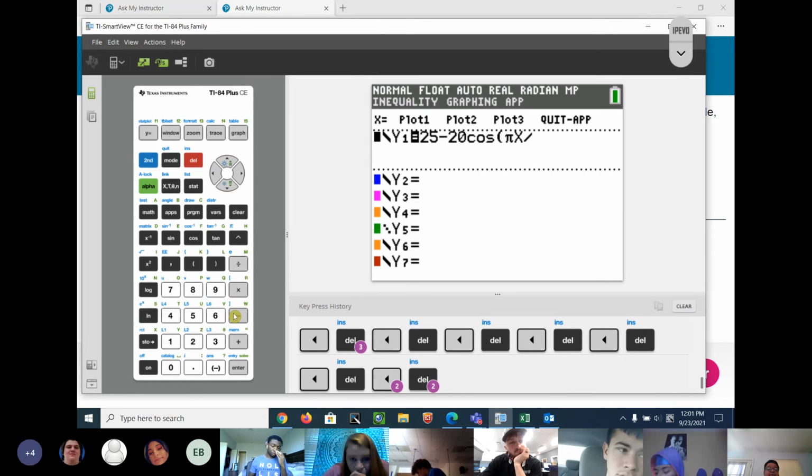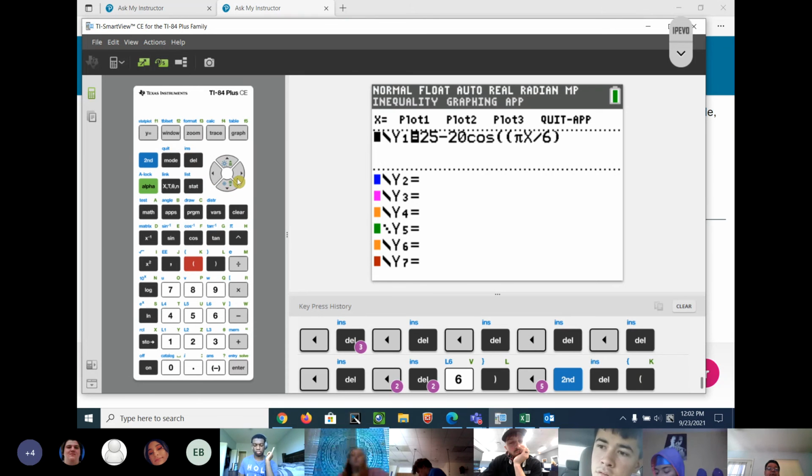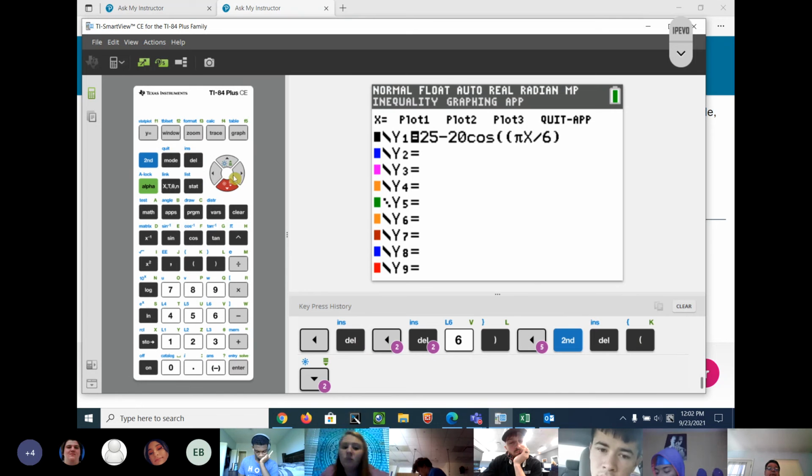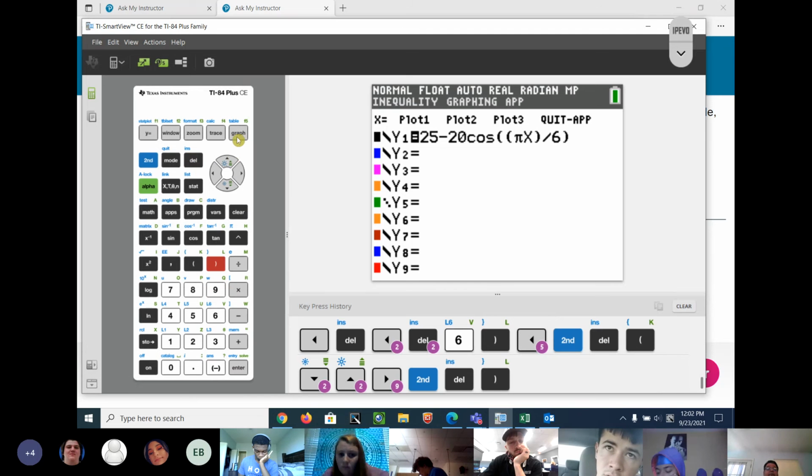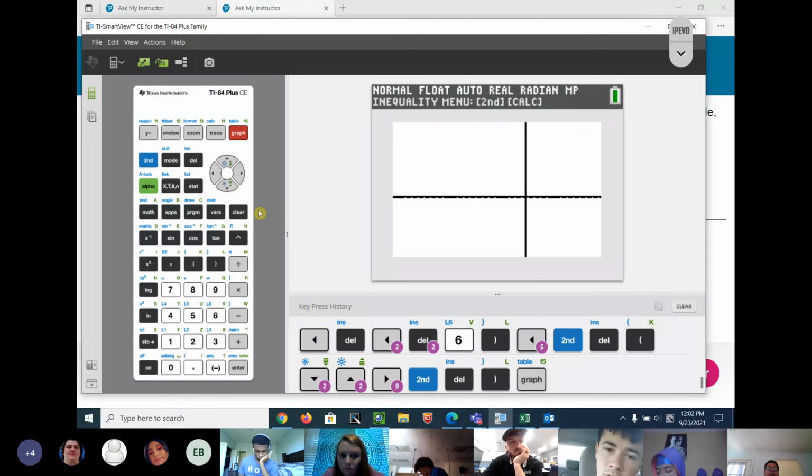And that's divided by 6. Close parentheses. I'm going to put this in parentheses because I don't like that. Second, insert parentheses. And graph. I also need to check to see if my mode is on radians.